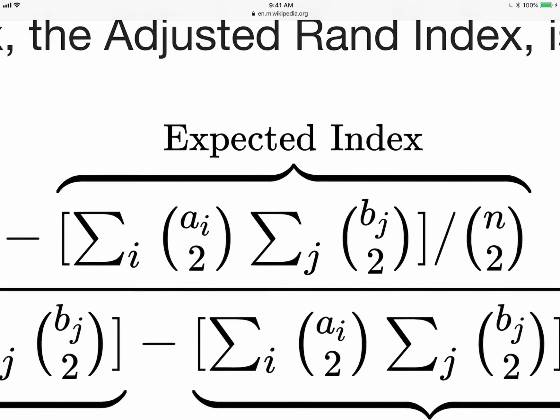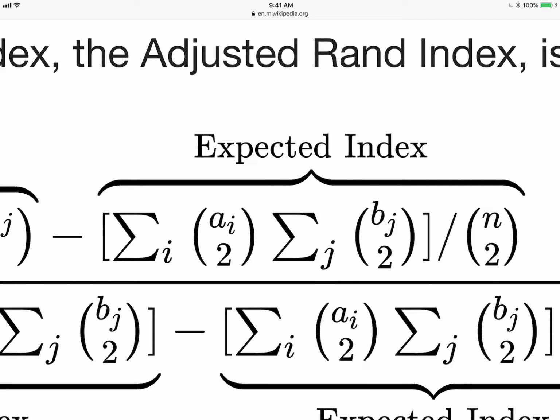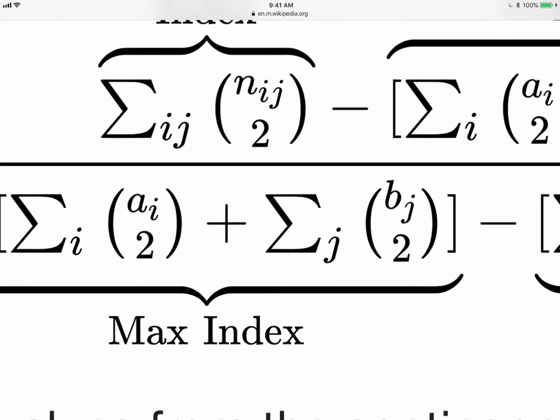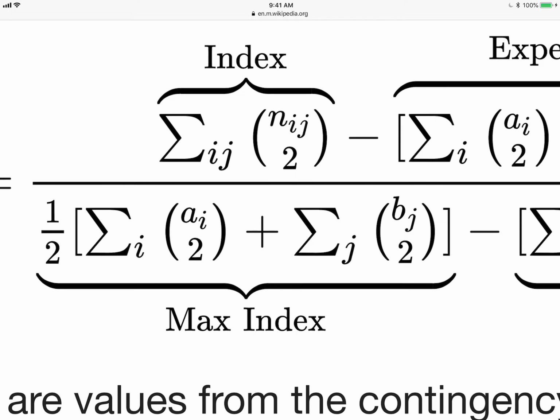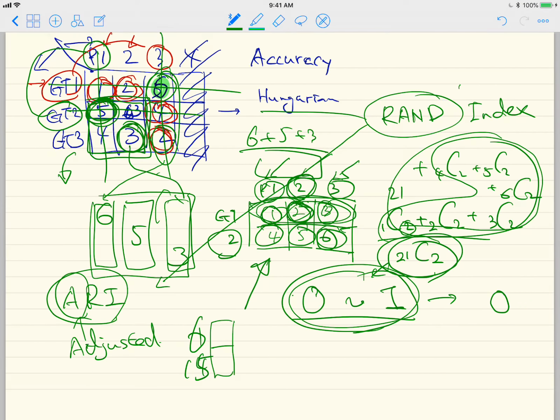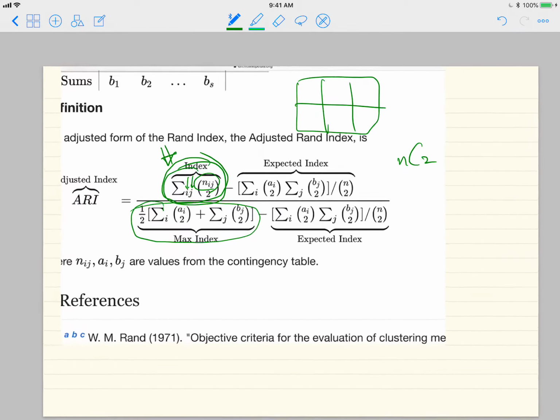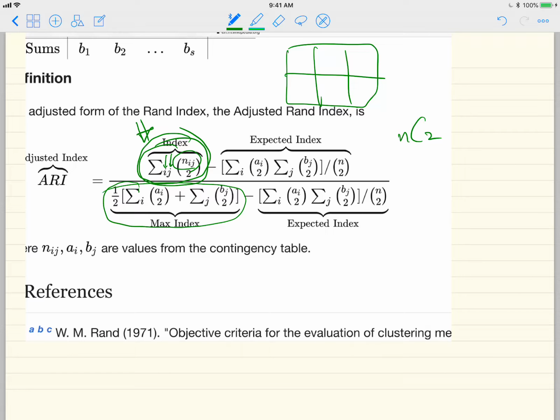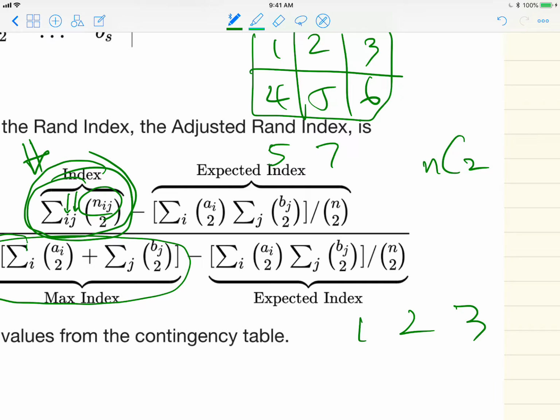So this is the random, coin flip kind of measure. And then this one is the maximum possible or ideal situation where we properly clustered all the data items given in this situation of 1, 2, 3, and 4, 5, 6, and as I mentioned, it's 5, 7, 9.